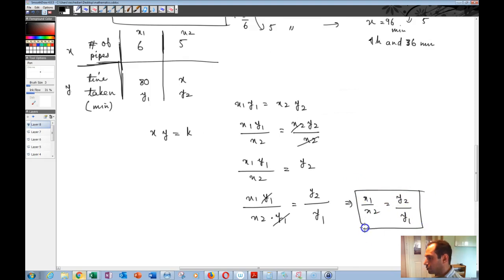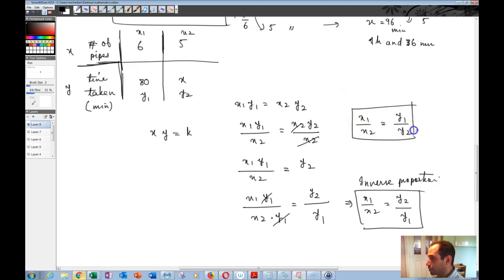So you can use this relationship in order to calculate your stuff in inverse proportion. So this is inverse proportion. But in the case of direct proportion, it's like this: x1 to x2 is the same thing as y1 to y2. This is direct proportion.